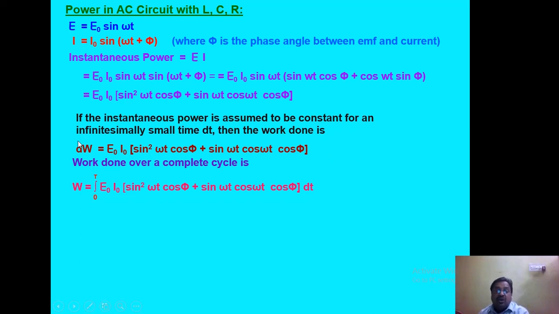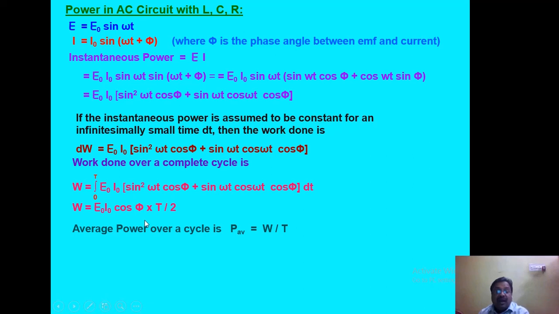Okay. So if you integrate this expression, you may get the work done over a complete cycle. The right hand side will be integrated between time 0 and time period T. After substituting the upper and lower limits, using the sin 2A and cos 2A formulas, the final expression is E0 I0 cos phi into T by 2.